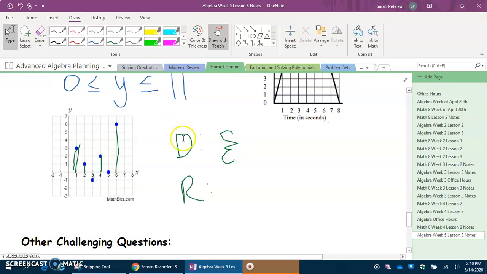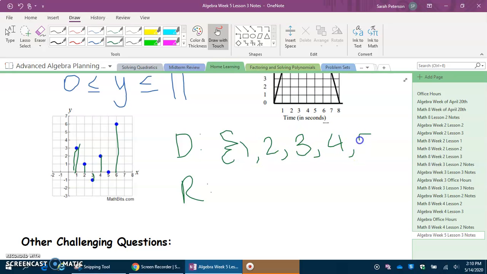So the domain for this is 1, 2, 3, 4, 5, and 6. And yes, I have to list out all those numbers because I don't have numbers in between 1 and 2. For example, 1.5 is not in my domain. If I look at where 1.5 is, that's right here, and there's no point right there. So that's why I have to use set notation if I'm looking at a discontinuous function.